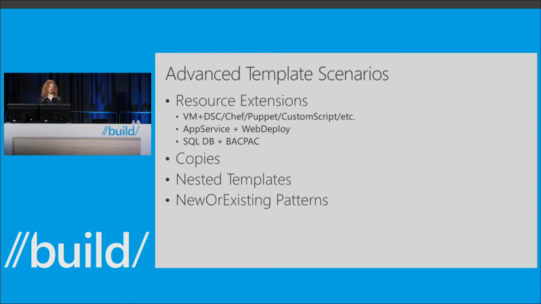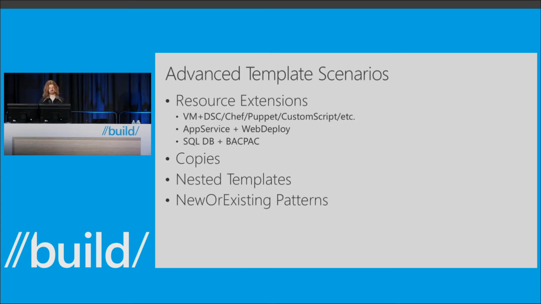Well, Resource Manager provides you with a way to do both of these things. And the way that it does this is through what we call resource extensions. Okay? So you not only provision a VM, but you can also say, hey, I would like that guest OS or that virtual machine to be configured using DSC, Chef, Puppet, custom script, or something else.